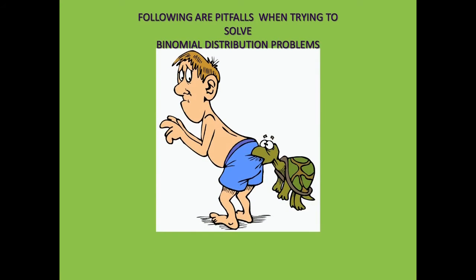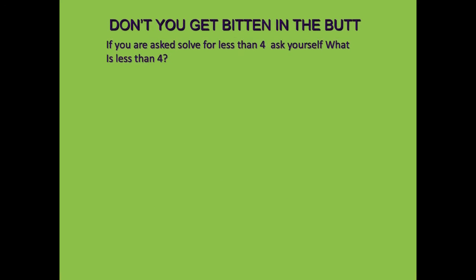Take a look at the picture, because a picture's worth 1,000 words sometimes. What you're trying to do is to not get bitten. If you're asked to solve for less than 4, ask yourself, what is less than 4? Sounds simple? The answer, in the problem we're looking at, is 3, 2, 1, or 0.